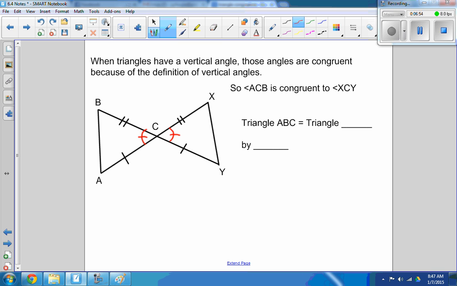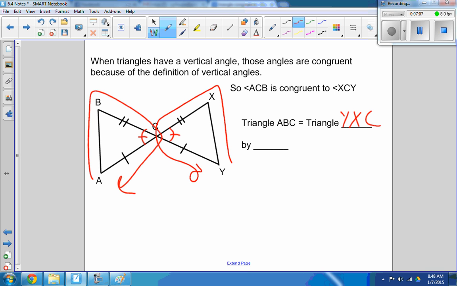I now know that these triangles are congruent. Triangle ABC is congruent to triangle YXC by side, angle, side. And again, look. Side, angle, side. The angle is included between the two sides.